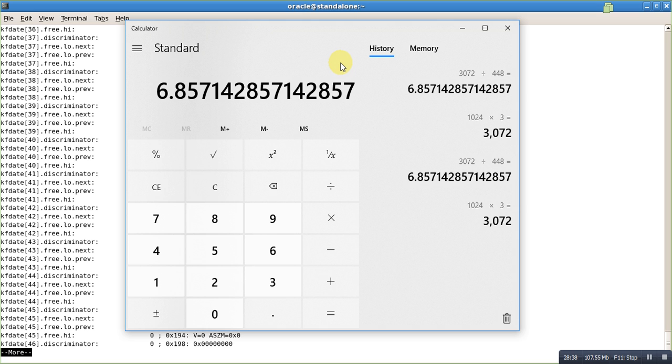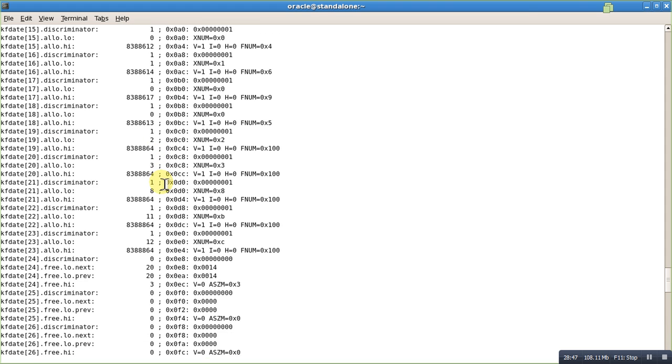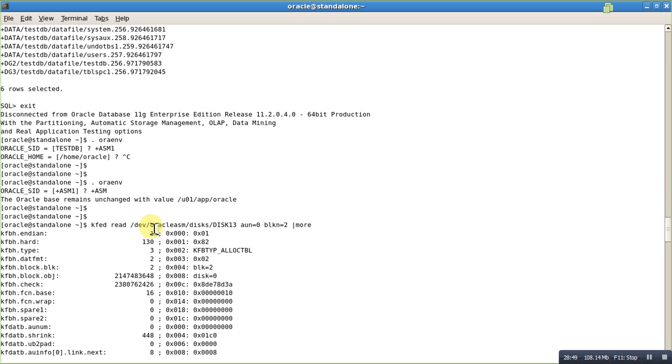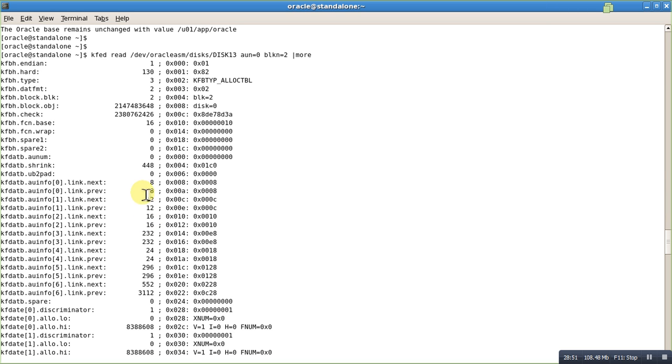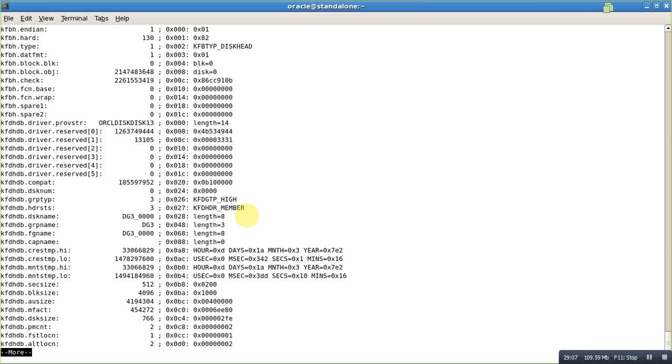It is 4 MB. First, let me show you the stride size. In fact, that is the size of the stride, right?